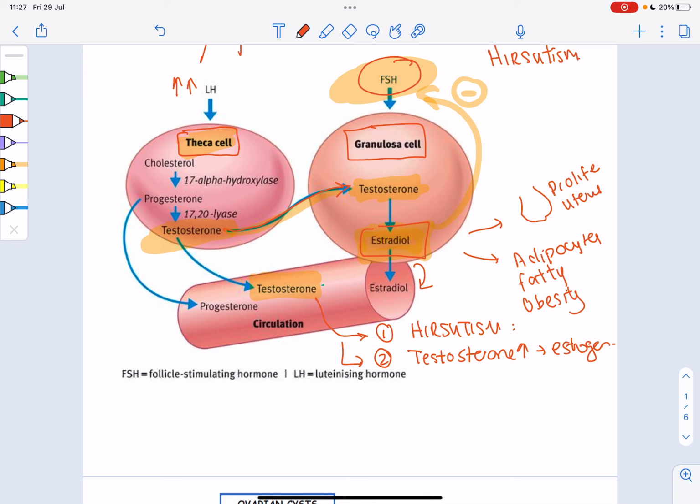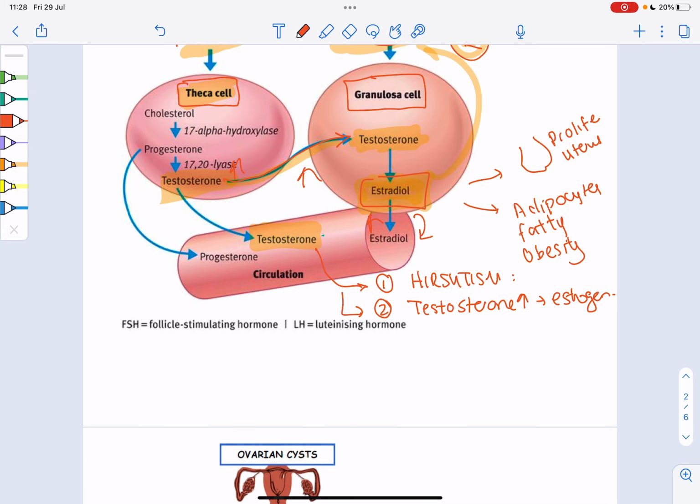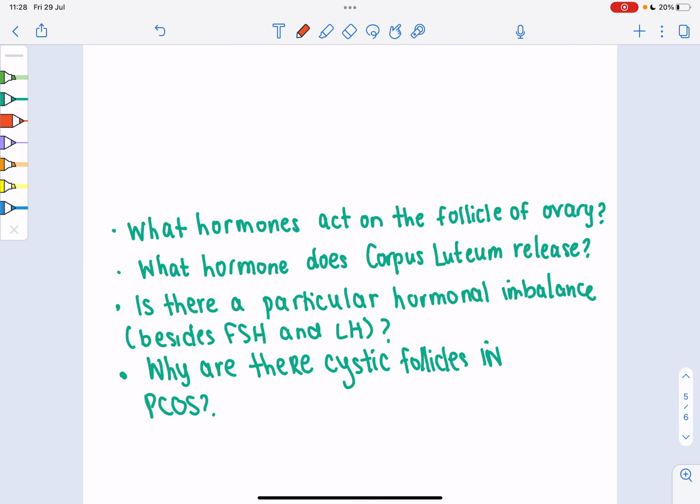And because of this entire pathway, excess androgens, because of this excess luteinizing hormone, you will get a lot of these precursors, these molecules, and a lot less FSH. We address this, we address this, we address this.